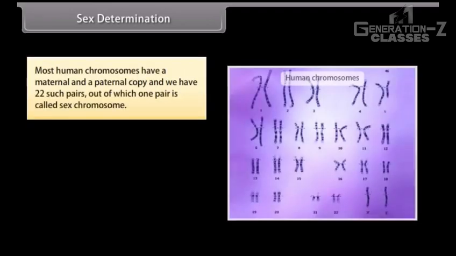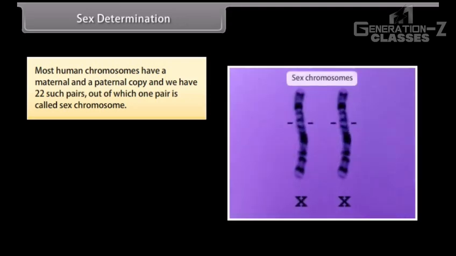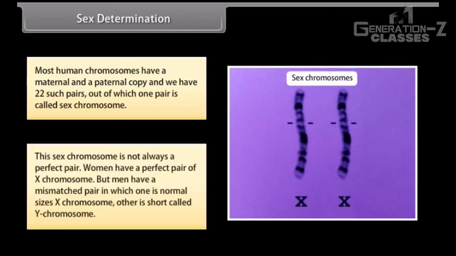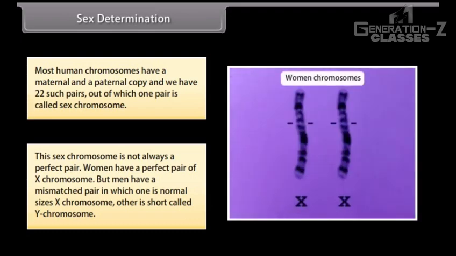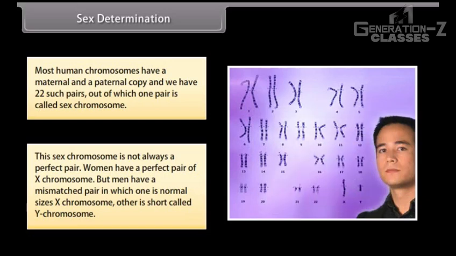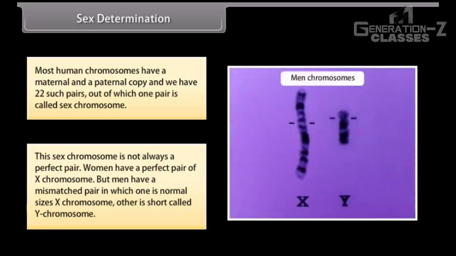Sex determination. Most human chromosomes have a maternal and a paternal copy, and we have 22 such pairs, out of which one pair is called the sex chromosome. This sex chromosome is not always a perfect pair. Women have a perfect pair of X chromosomes, but men have a mismatched pair in which one is a normal-sized X chromosome, and the other is short, called the Y chromosome.